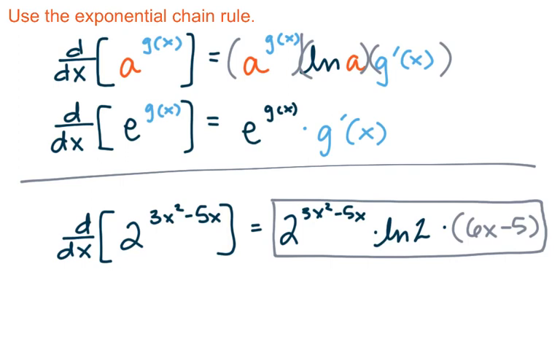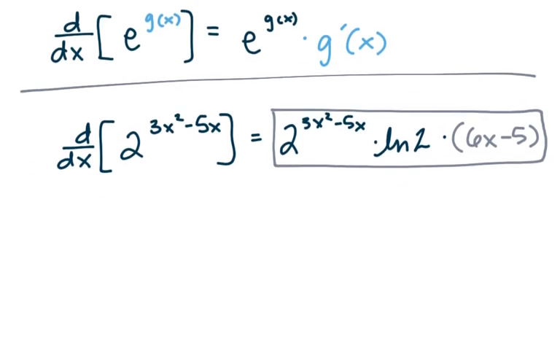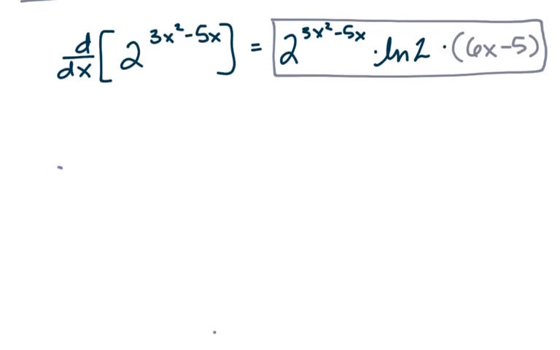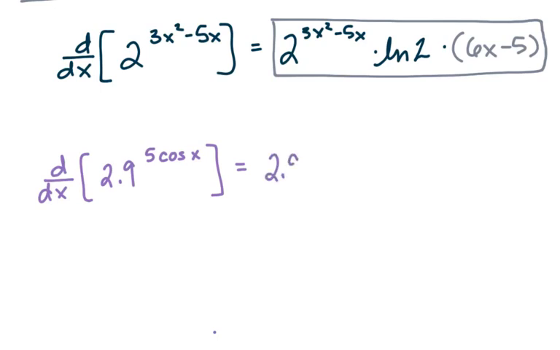Let's look at one more. So we'll say the derivative with respect to x of 2.9 to the 5 cosine of x. Well, that would be 2.9 to the 5 times cosine of x power.